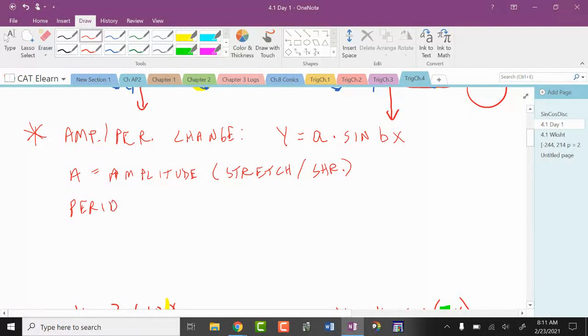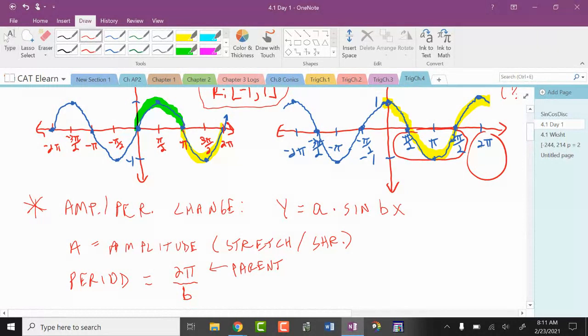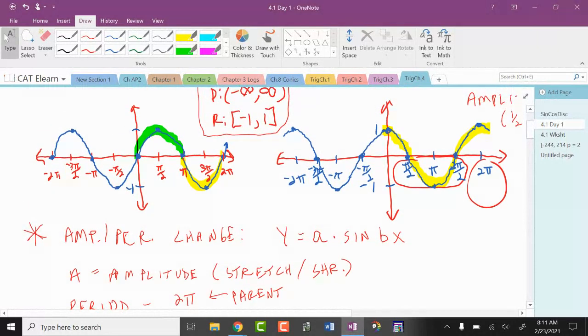Once we get this B value in here, the new period for the graph will be 2 pi, because that's the parent period, and then because mathematically B is where it's at, the new period for the babies will be 2 pi over B. All right. And then what you will see is all that changes is, let's pick the cosine graph.